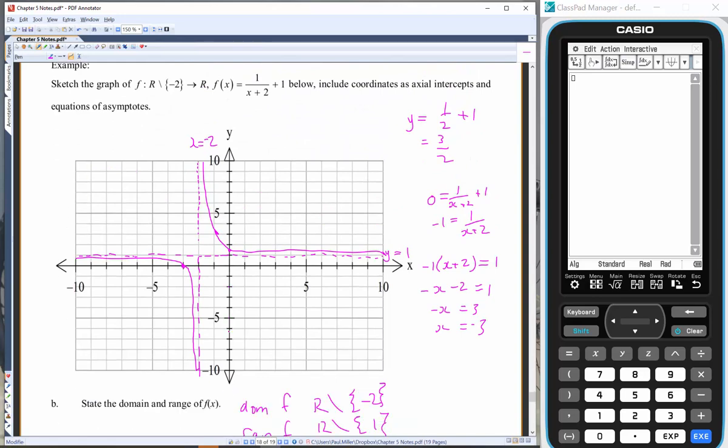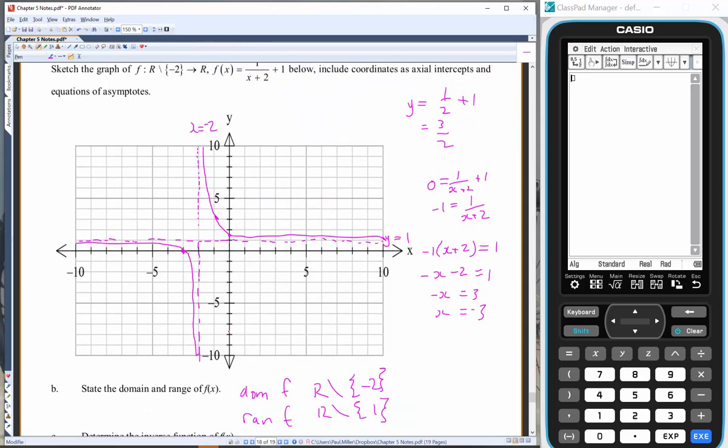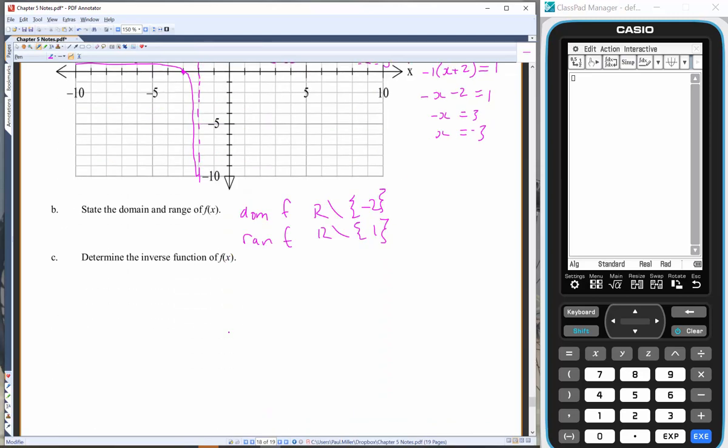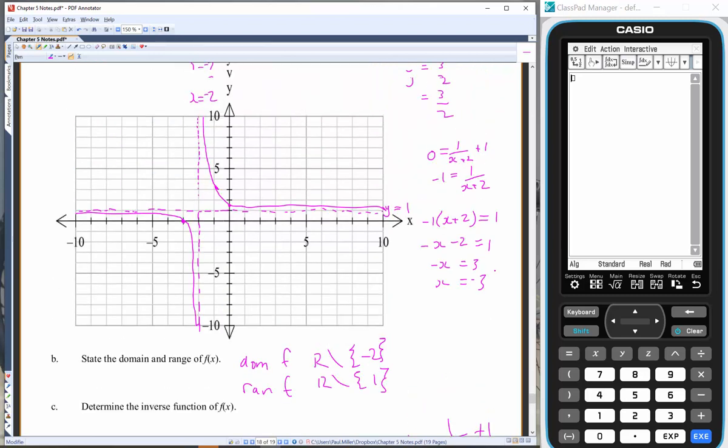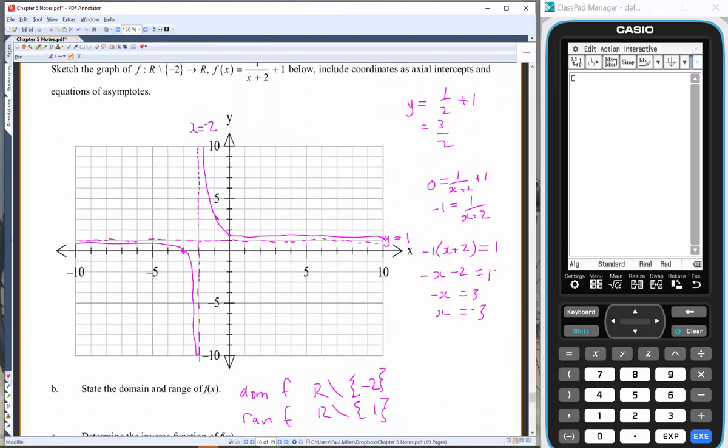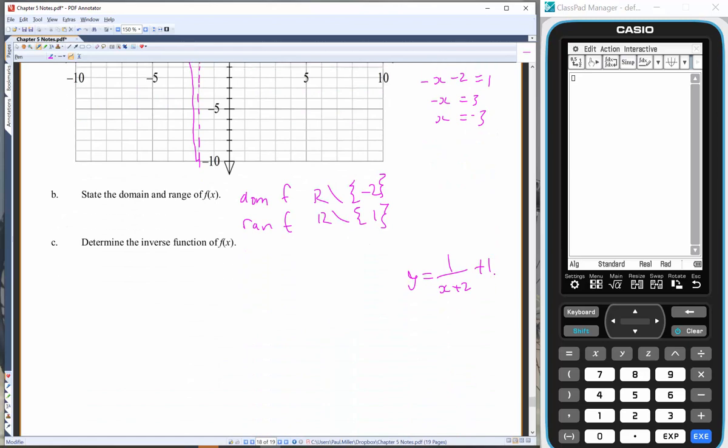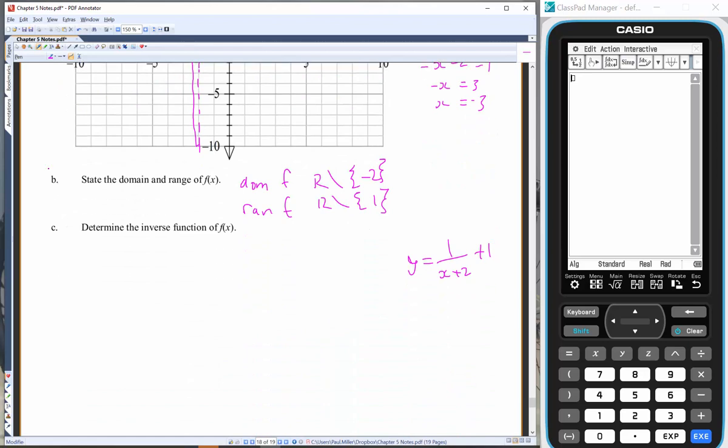Okay, so the function is y equals 1 over x plus 2, plus 1. I'm just going to write it down here: y equals 1 over x plus 2, plus 1. I'm just going to triple check that. Okay, so what we're going to do is swap x and y.